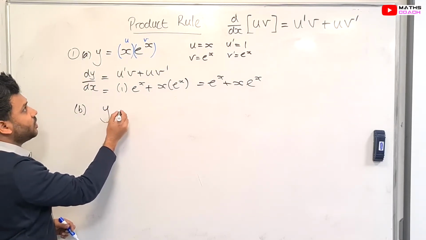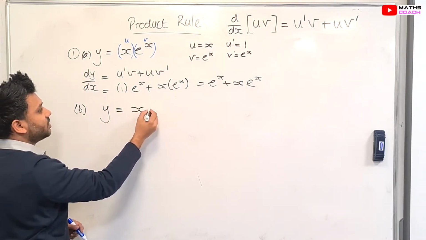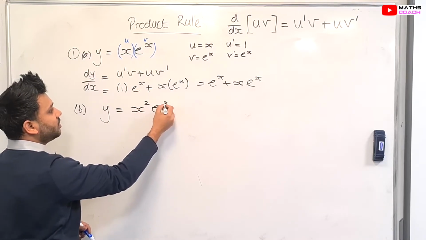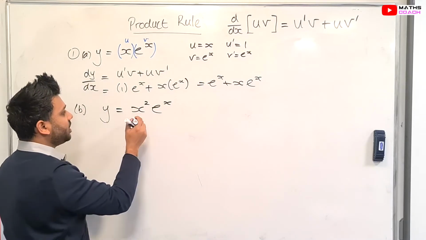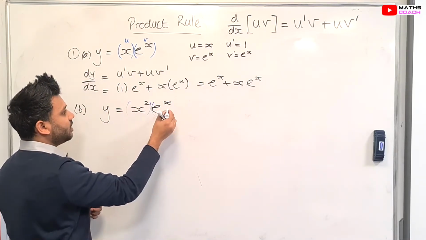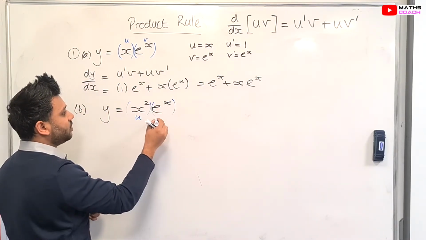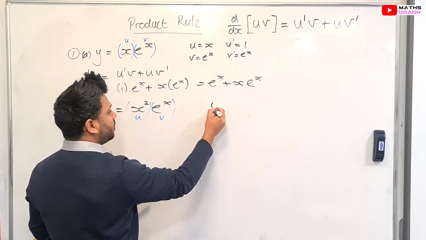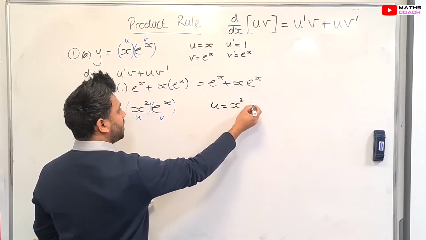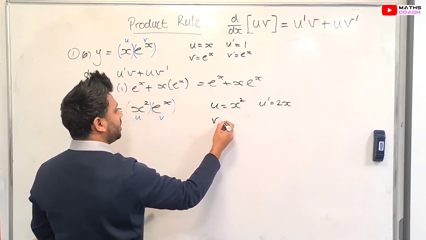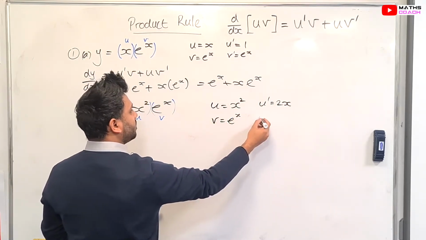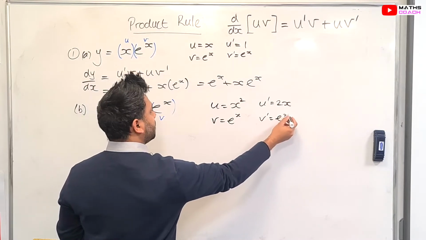So let's say y equals x squared e to the x, in which case this is going to be our u. This is our v, so I'll just label them as u and v here. So here, u equals x squared, u dash equals 2x, v equals e to the x, v dash is e to the x.